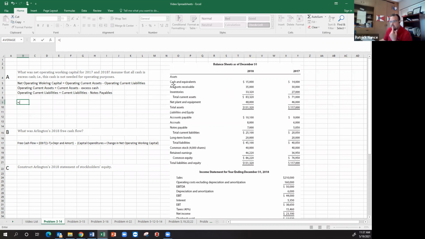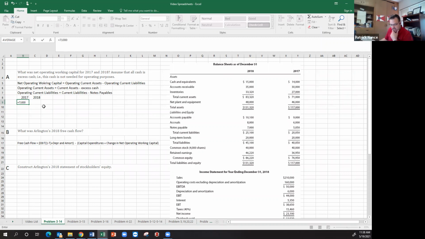My current assets is right here. Actually, let's do 2017 first. Let me label these 2017, and we'll do 2018. So my total current assets for 2017 is 71,000.